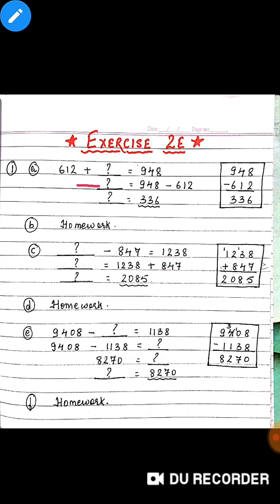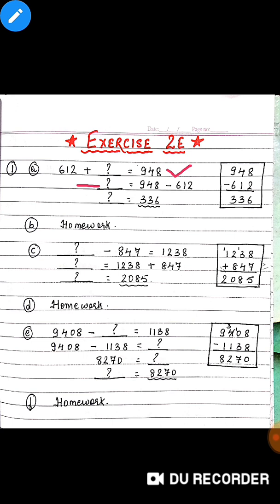In the case, whenever you have to find a missing addend, children, remember that the addends are always smaller than the sum. Sum is the total, the answer of addition of both these numbers. That is, when you add both these addends, you are going to get what? 948. So here we have to find that what will I add to 612 to get 948.